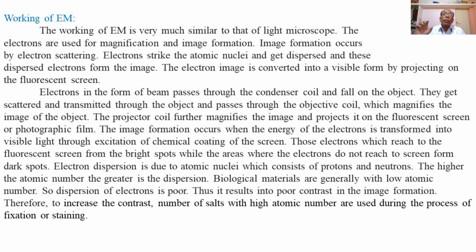Electrons in the form of a beam pass through the condenser coils and fall on the object. So this is the electron gun, the source of electrons, which is fitted in the body of the microscope, and just above which there are electromagnetic coils or electromagnetic lenses.